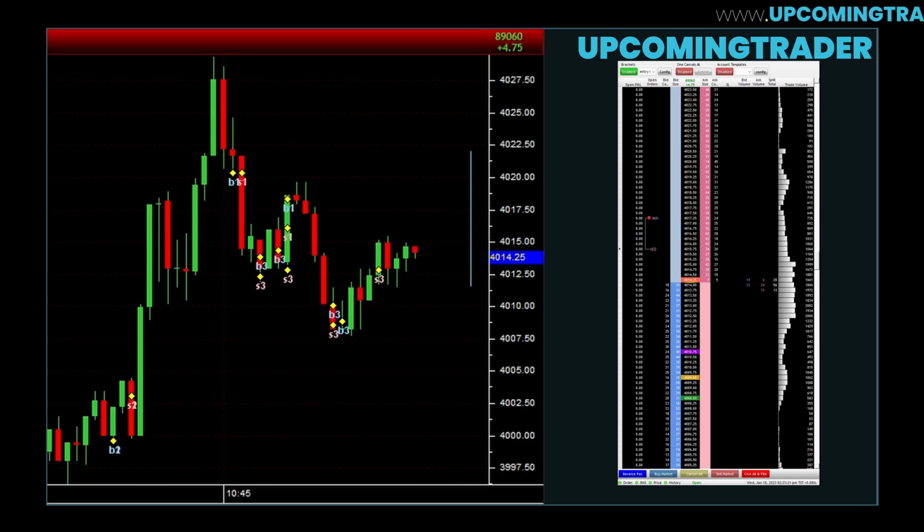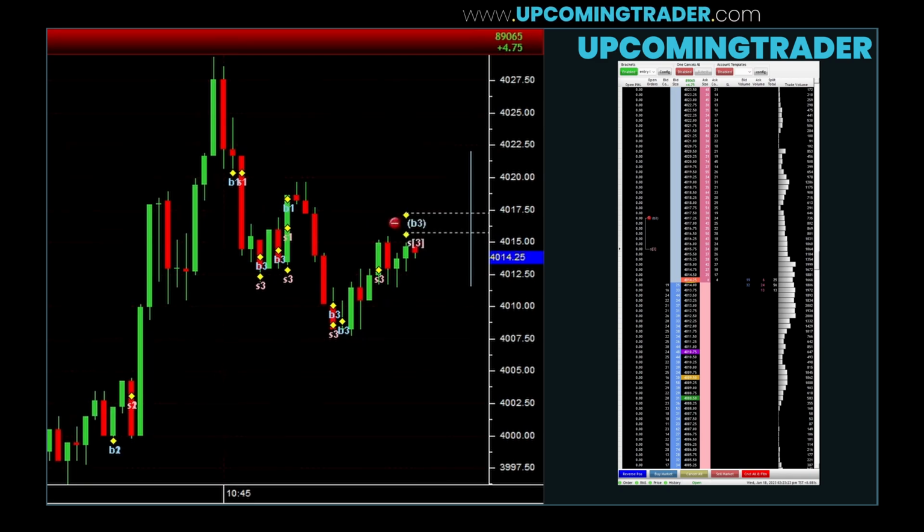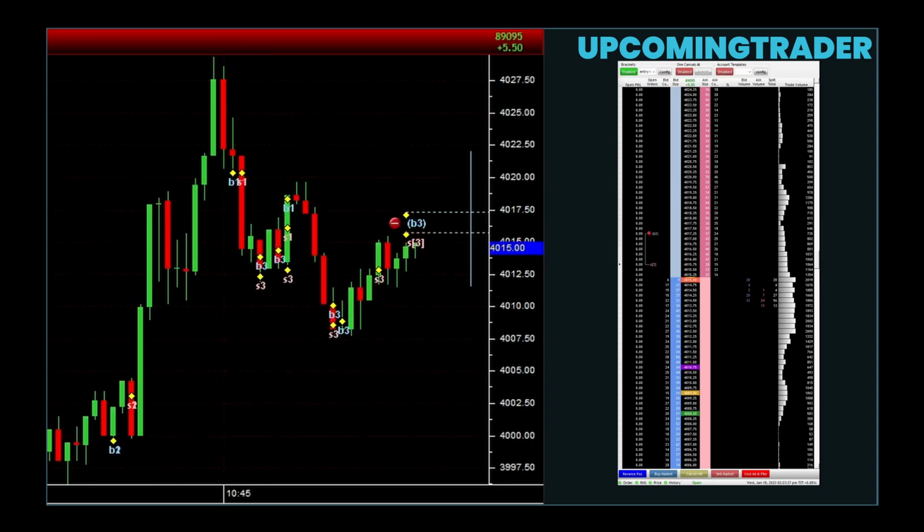If the crossover happens on low volume, it might be a sign of a weaker signal, and extra caution should be taken. Combining the exponential moving average with these various indicators allows you to build a more robust trading strategy.